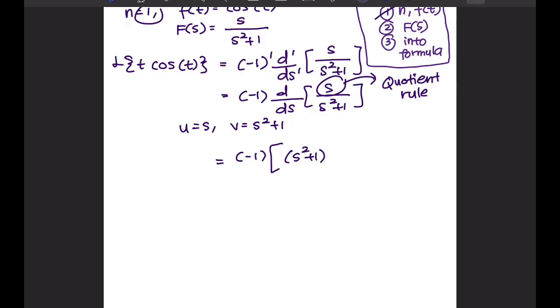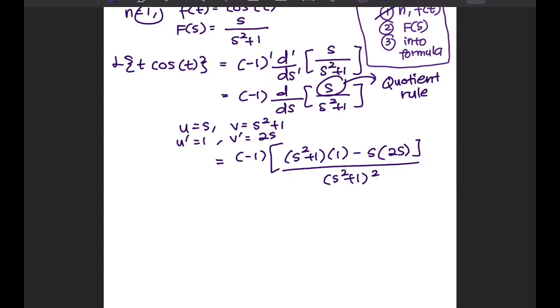V is s squared plus 1, u prime is 1, minus u, v prime, u prime is 1, v prime is 2s. Divide by v squared, so (s squared plus 1) squared.